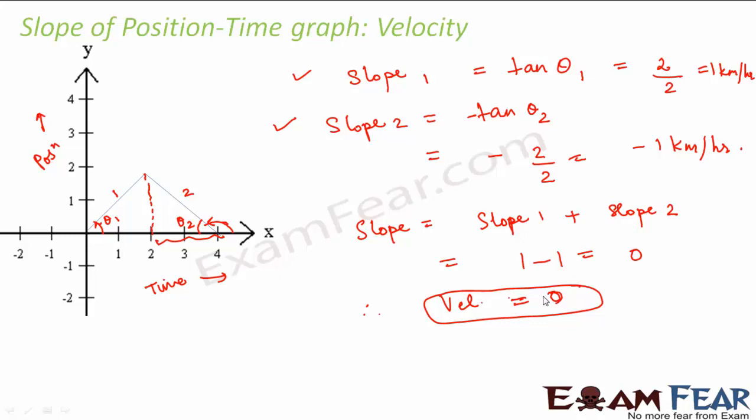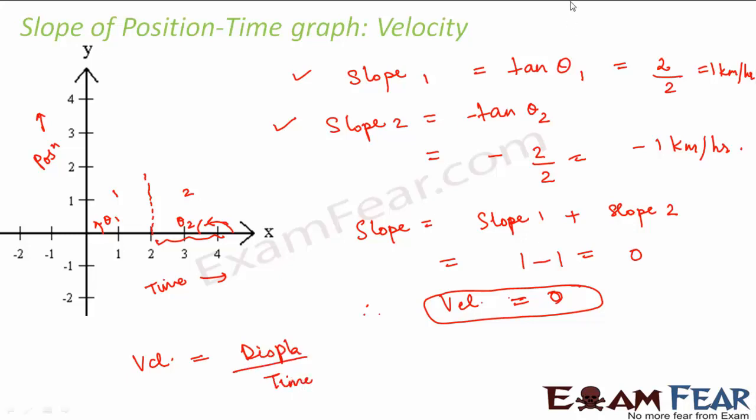Now, we can prove the same thing non-graphically as well. Here, with the help of the position time graph I showed you, the velocity becomes 0. Now let us look at what we have studied so far. We studied that velocity is nothing but displacement per unit time.